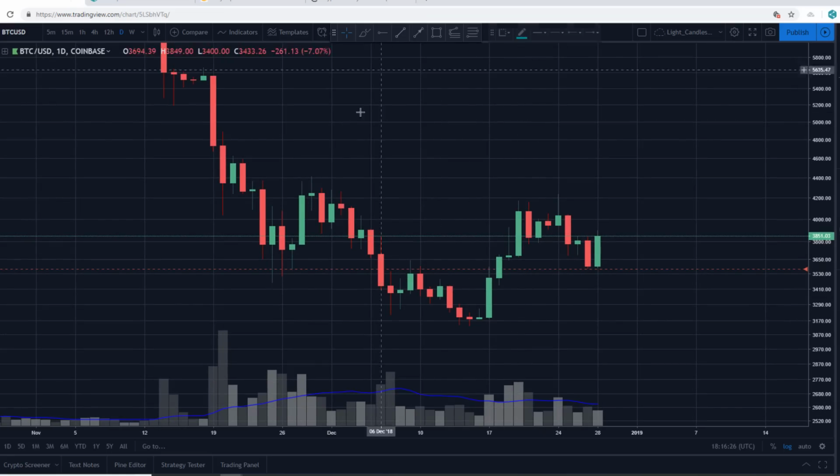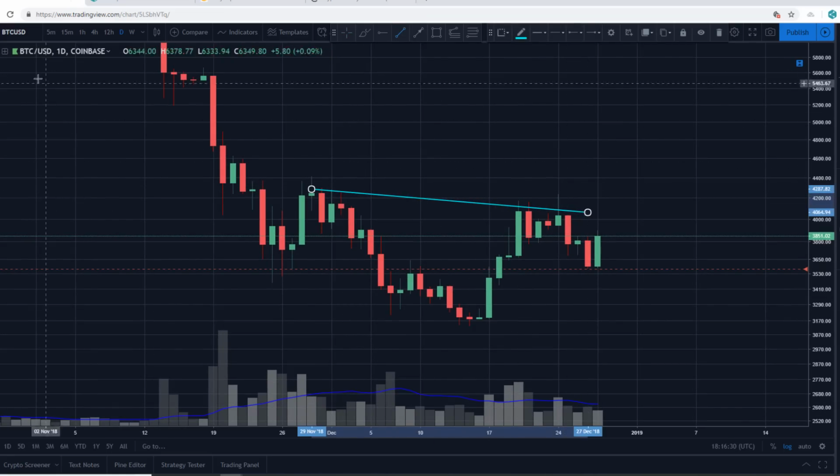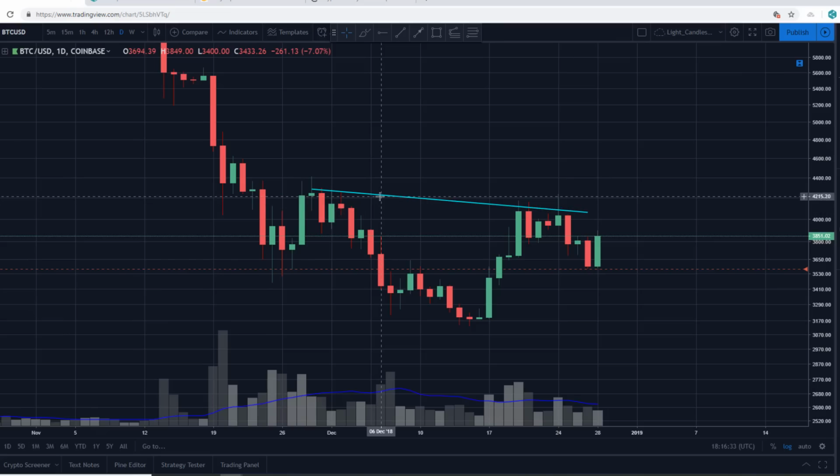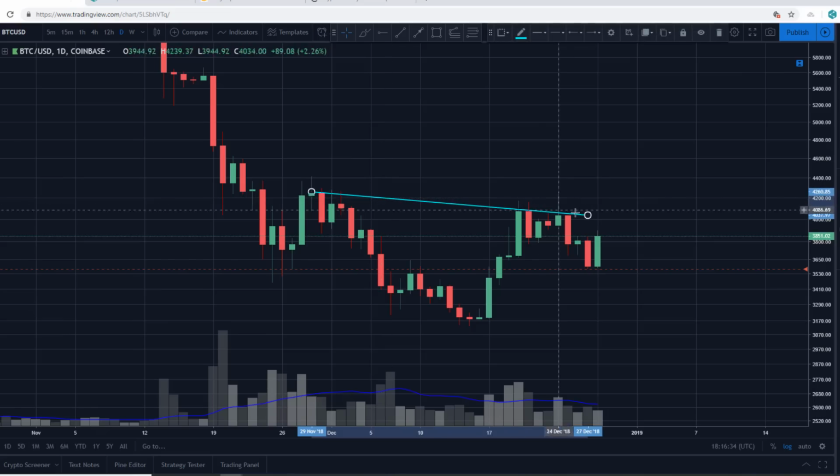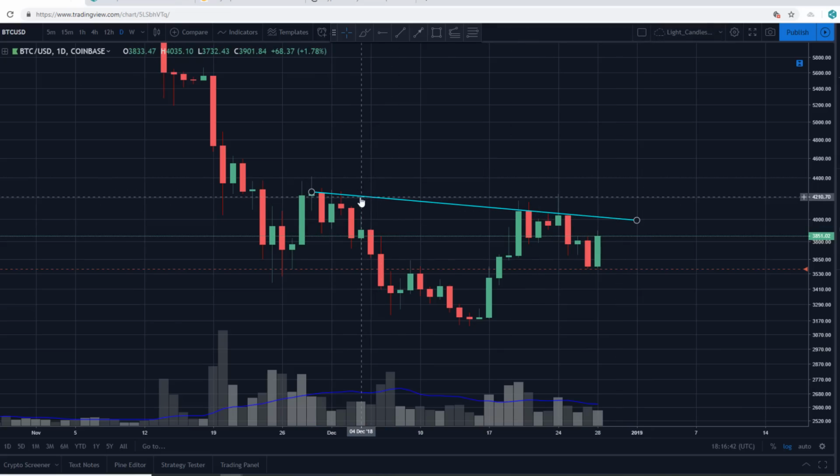Now the neckline would be connecting these 2 points here to here. And there's two ways to do that. If you want to be aggressive, a tighter neckline, you do the candle bodies on the daily charts, and that makes your neckline lower, so you can call it a breakout sooner.